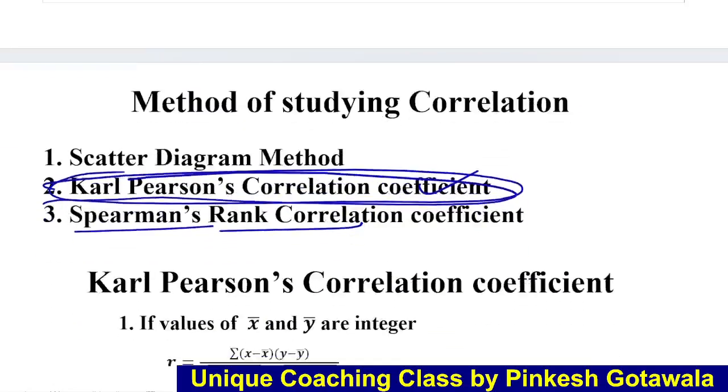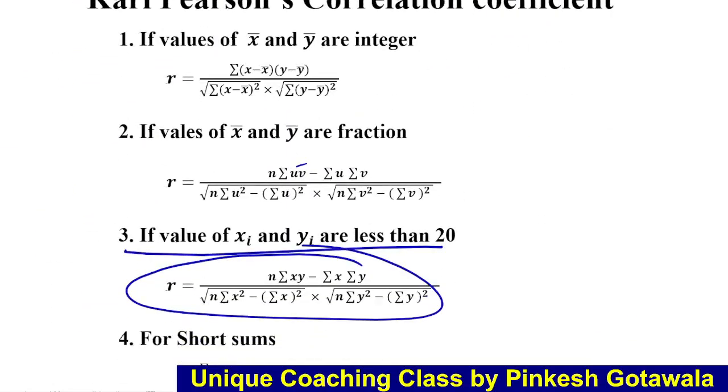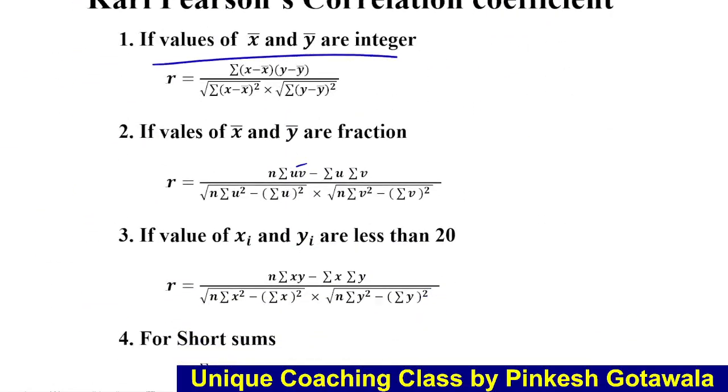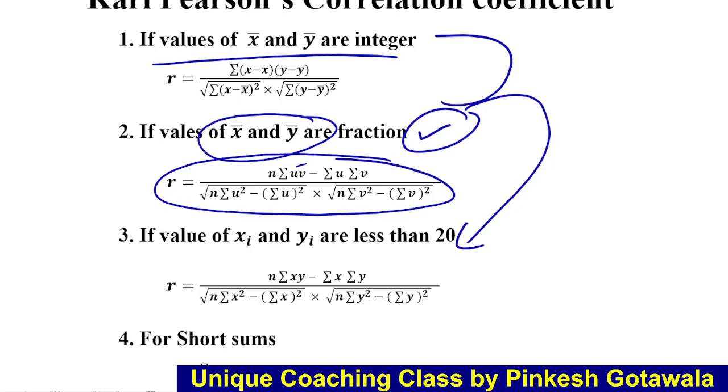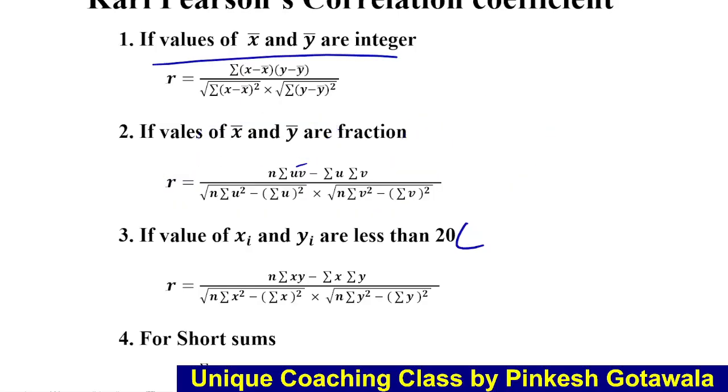Now remember, in every sum, follow the heading. With the heading, your calculation would be easy. If x bar and y bar are fractional, in that case, if you apply this formula or this formula, your calculation will be hard. But if you apply this formula, calculation would be easy. If x and y are less than 20, in that case, if you apply this formula, your calculation is easy.